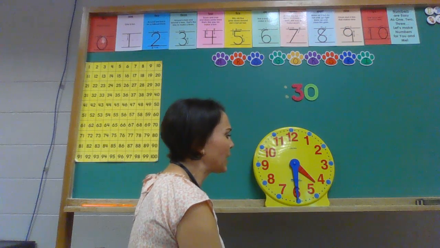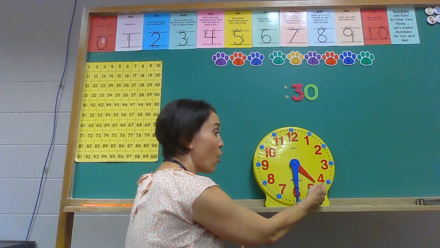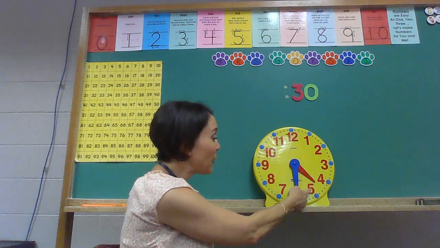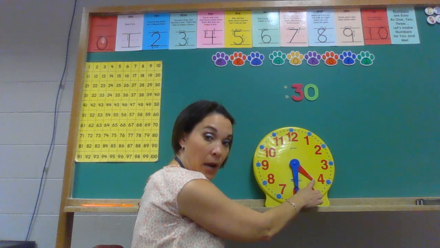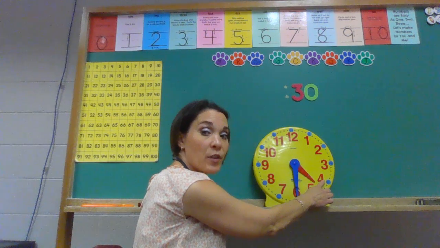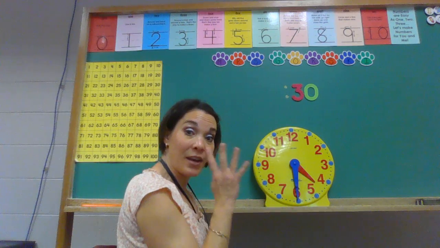So you're probably thinking, which one should I pick? Should it be 4:30? Should it be 5:30? Well, the trick is you always have to go to the hour before. So if our hour hand is pointed here in the middle of 4 and 5, you have to go to the hour before, which would be 4.